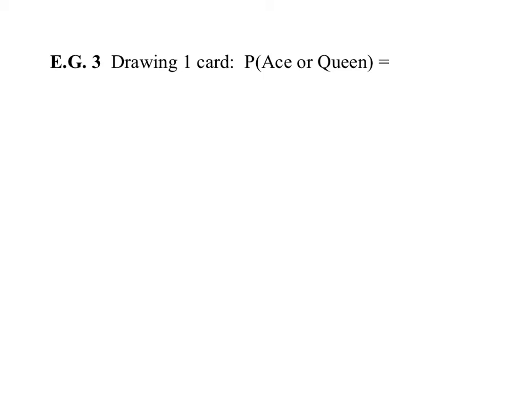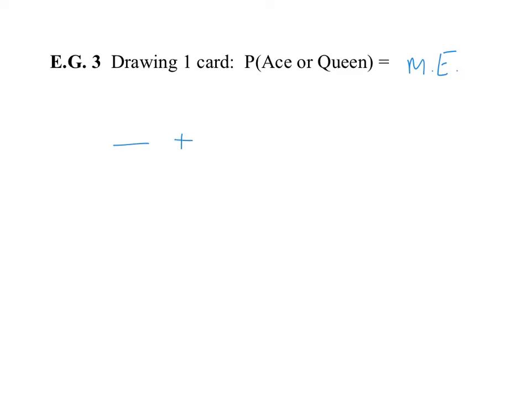Probability of drawing a card getting an ace or a queen. So we have to think, is there a card that has ace and queen on the card at the same time? And the answer is no. This is a mutually exclusive event. These occur separately and cannot occur at the same time.